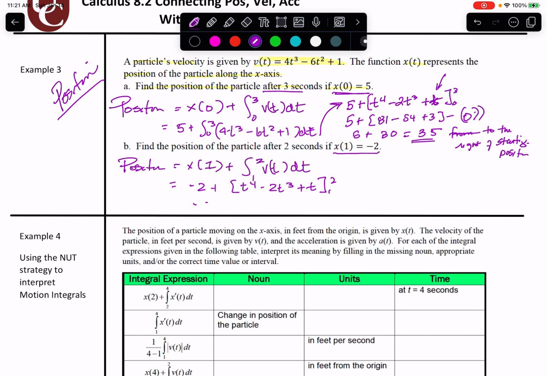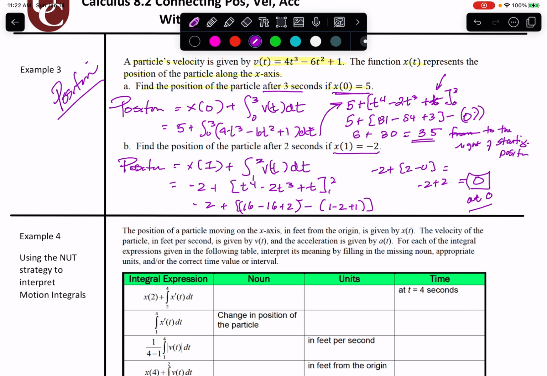And so that's negative 2 plus 16 minus 16 plus 2, and then minus, I have 1 minus 2 plus 1, so you get negative 2 plus 2 minus 0, so it is at 0.